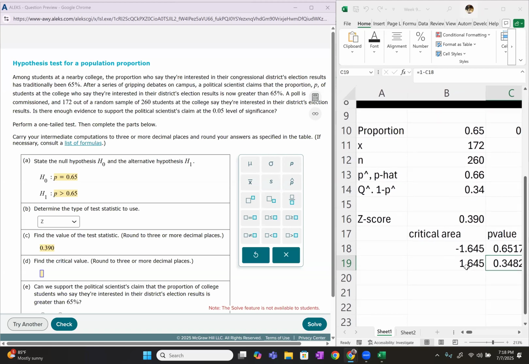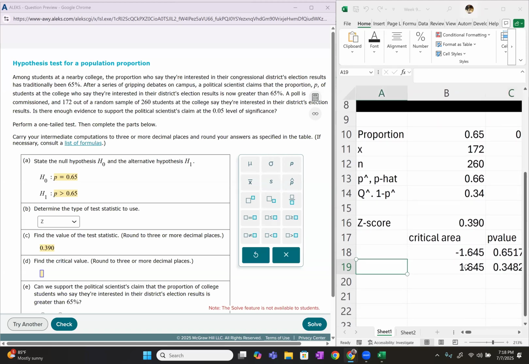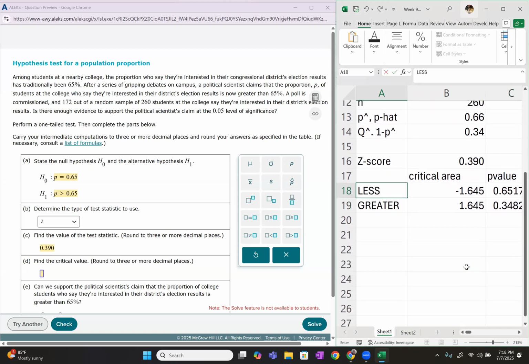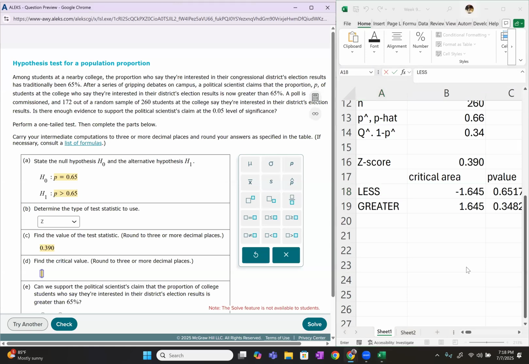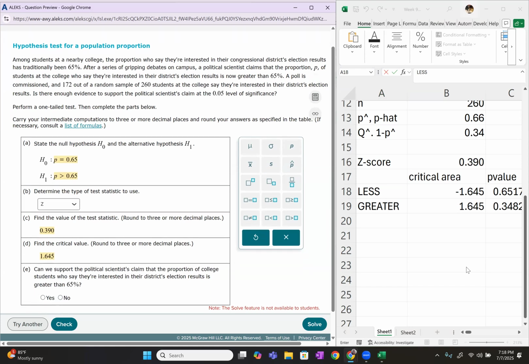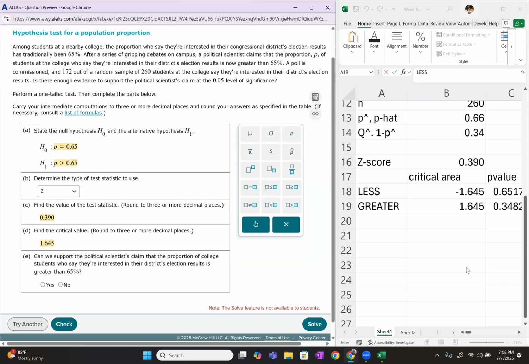Because this is greater than. You said this is greater than, right? Yes. When it's negative, this will be less. So that's the trick to knowing when to use what. So in this case, you're going to say 1.645. And can we support the claim that the students interested in the lecture result is greater than 0.65?